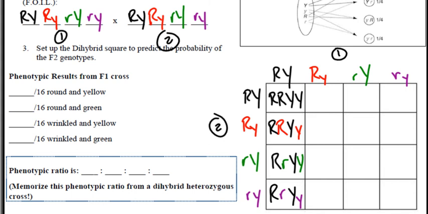And you just keep going until you fill out the entire table with all the different possible combinations.